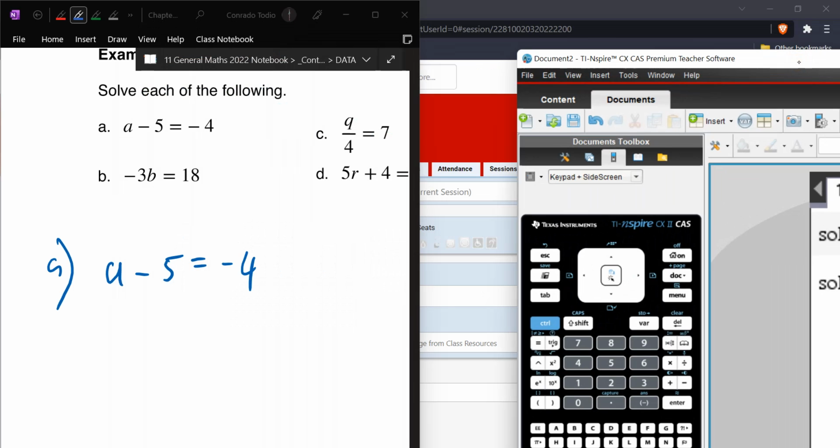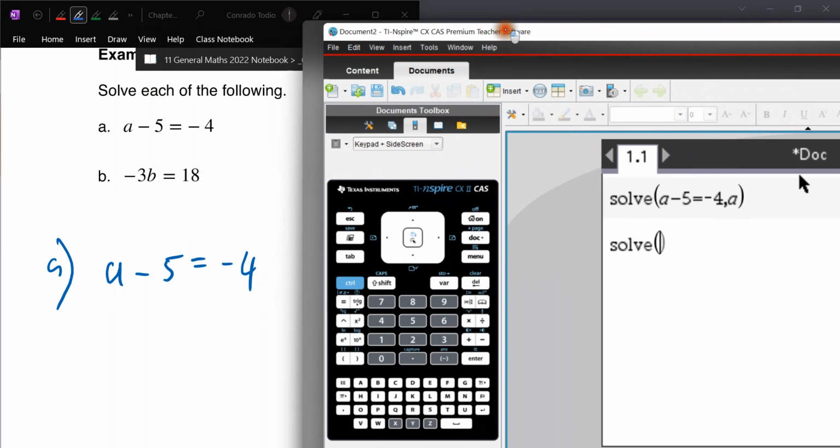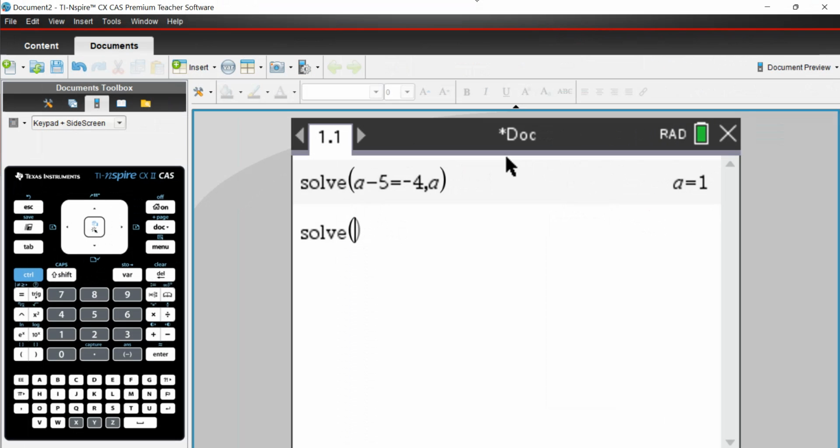The formula for A is A minus 5 equals negative 4. So you literally type in A, take away 5, equals, referring to this button here, negative 4. Then we press the comma button, and from there, press the letter that you're looking for. In this case, I'm looking for A. I want to figure out what A is.